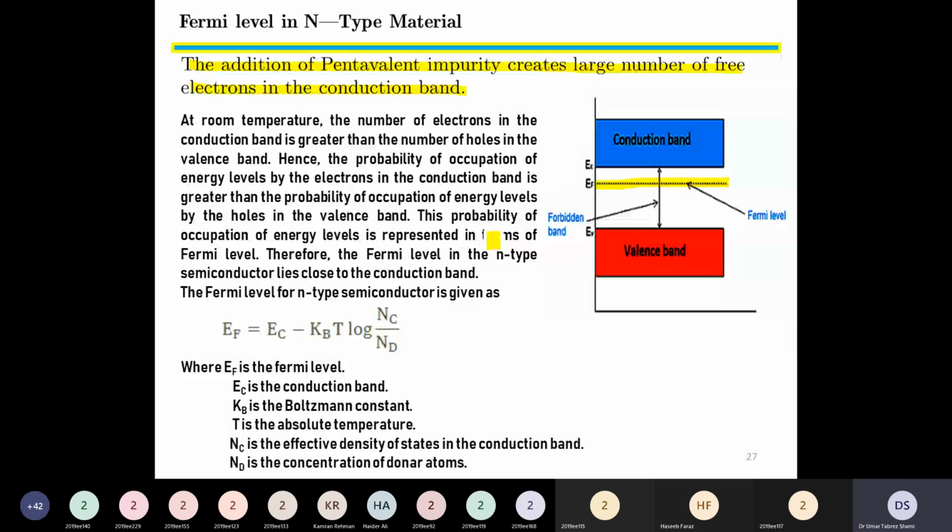This probability of occupation of energy levels is represented in terms of Fermi level. Therefore, the Fermi level in n-type material lies very close to the conduction band.